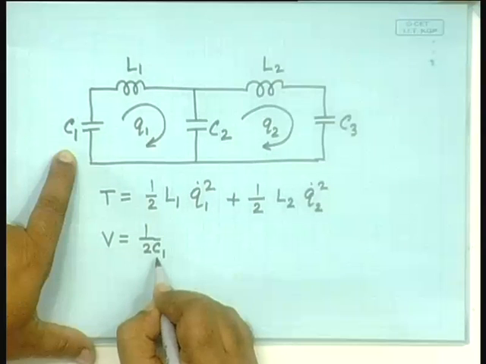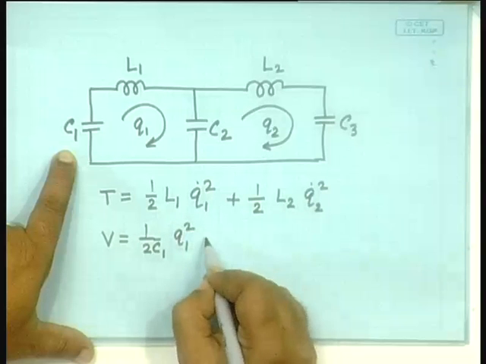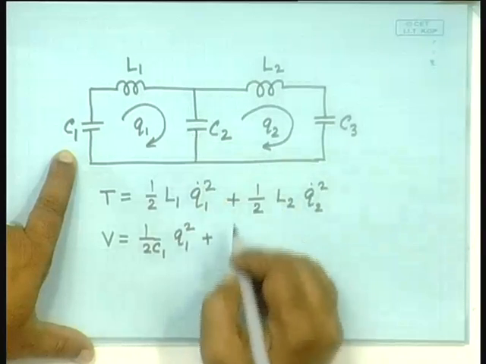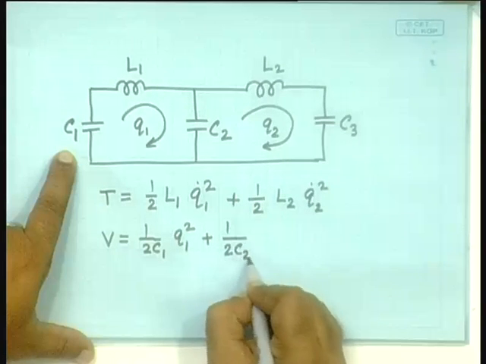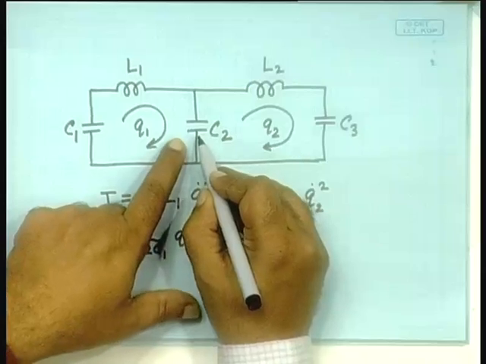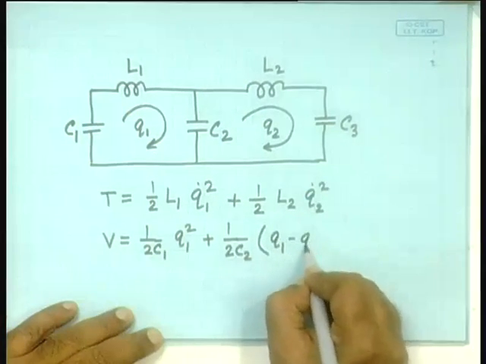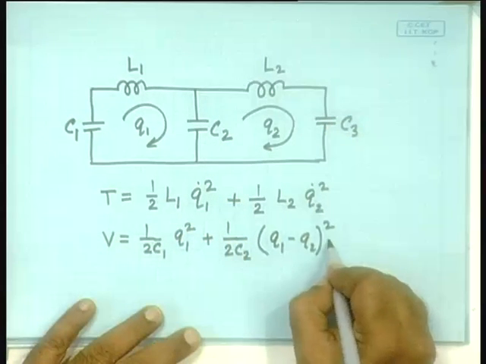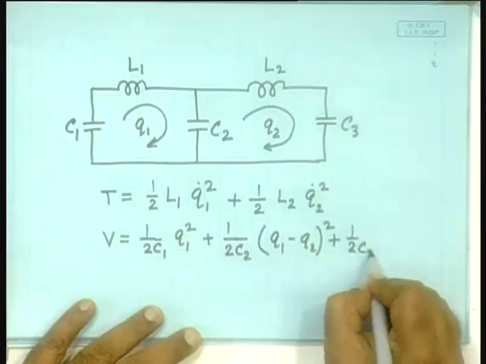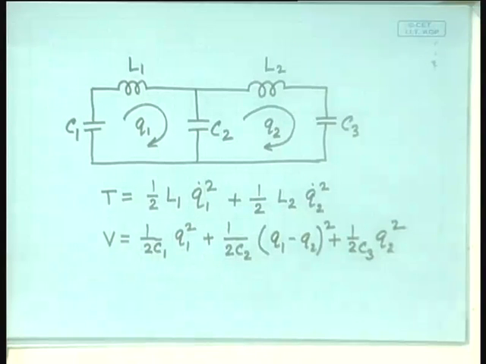Notice here the C is downstairs in the denominator. 1 by twice C1 into Q1 square plus 1 by twice C2. This fellow, how much is the charge flowing through this? Q1 minus Q2. Q1 minus Q2 square. How much is the energy stored here? 1 by 2 C3 Q2 square.